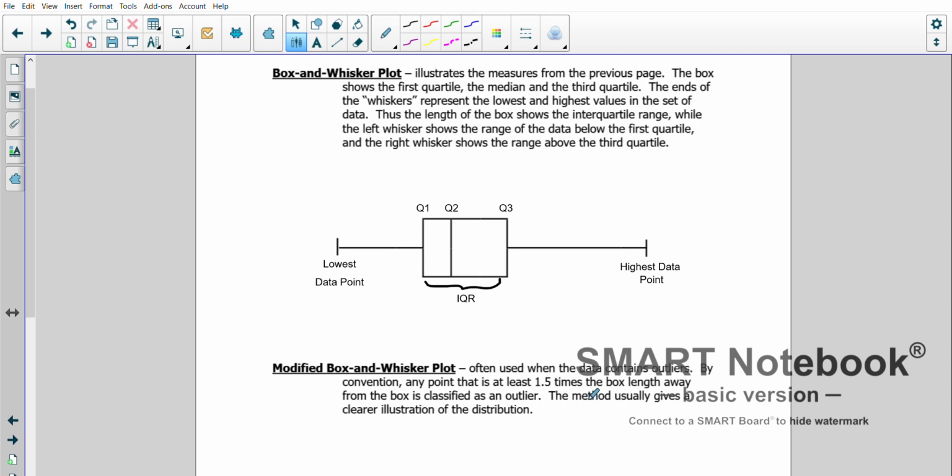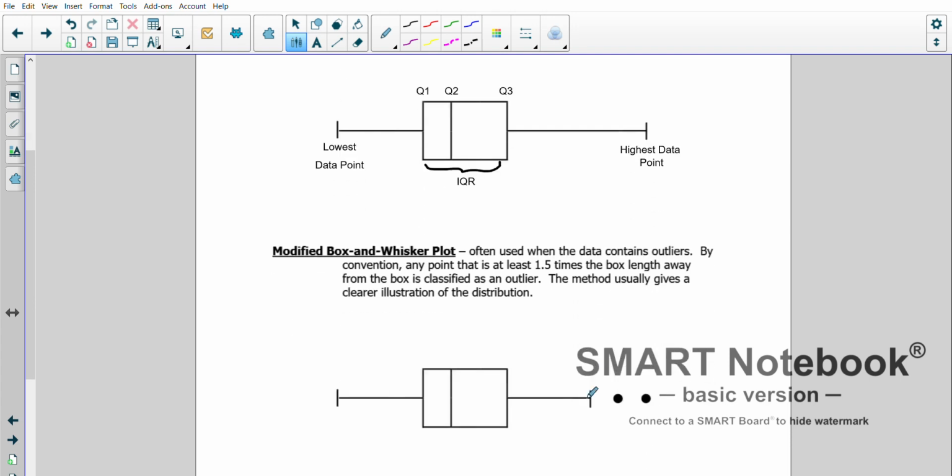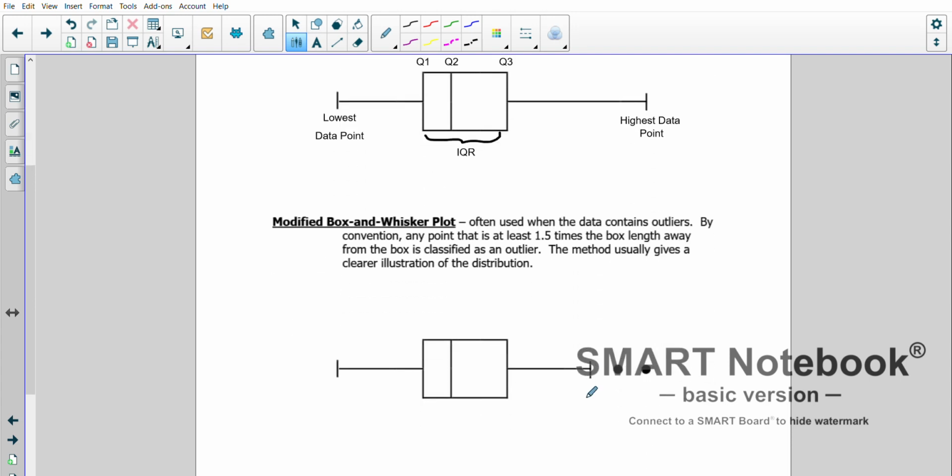Okay, so up until this point, so I guess we'll talk about this first. A modified box and whisker plot, which you'll also have to do on the assessment, perhaps, if applicable, includes outliers. Now, up until this point, we know that outliers are data points that don't follow the general trend of the data. Up until this point, we've just kind of used our discretion when determining an outlier.